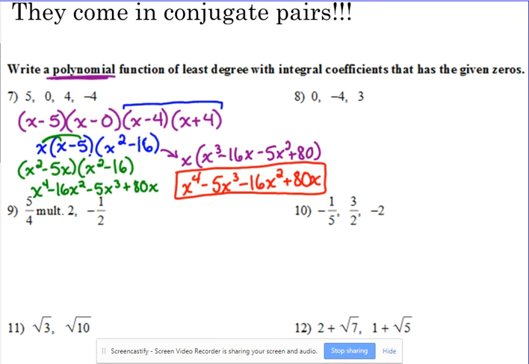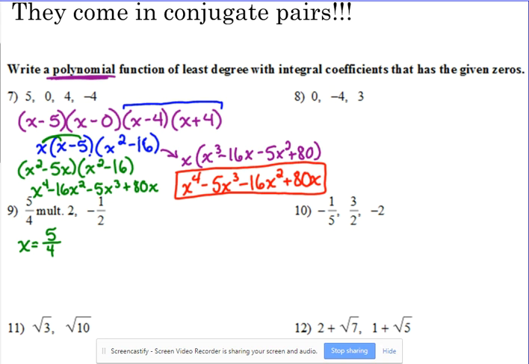So I'm going to go back one more step than I did before. I'm going to say, okay, this is a 0, so that means it's an answer. So that means x equals 5 over 4. Now, multiplicity 2 just means that it's an answer twice. So I'm going to have 2 of these when I try to get it in polynomial form. Okay, so I've got to go backwards.